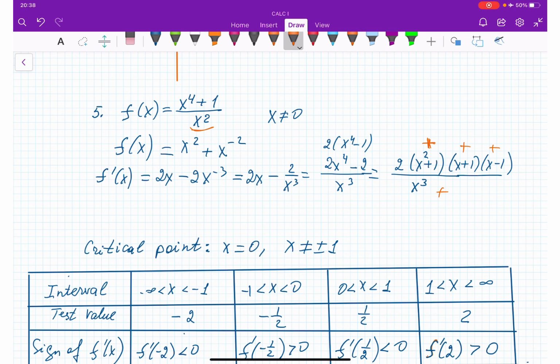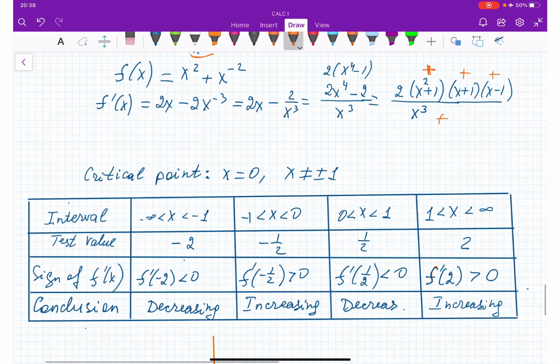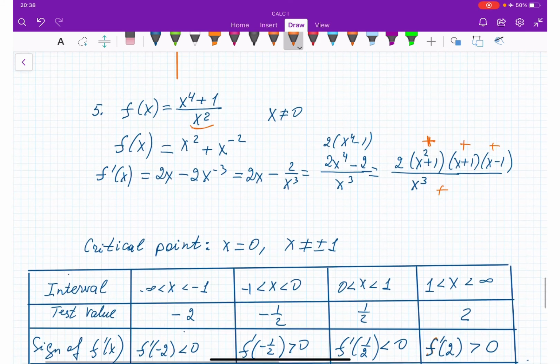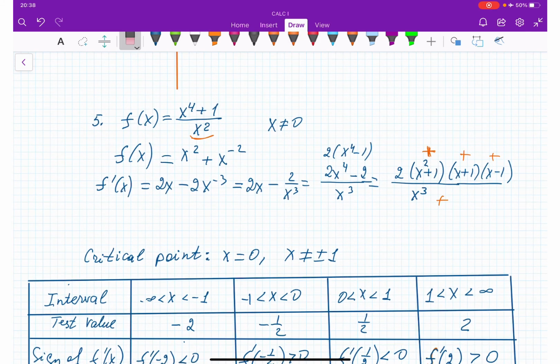All right. So if I plug in -1 or +1, y is going to be +2.